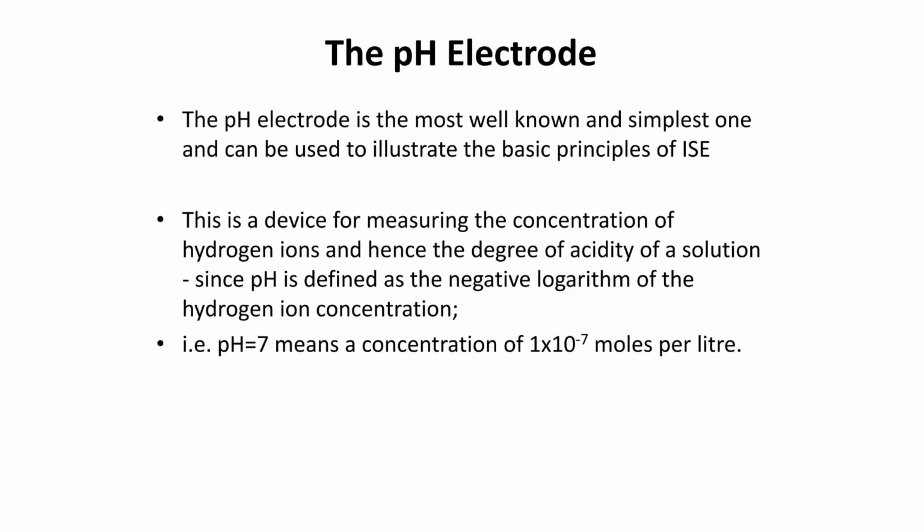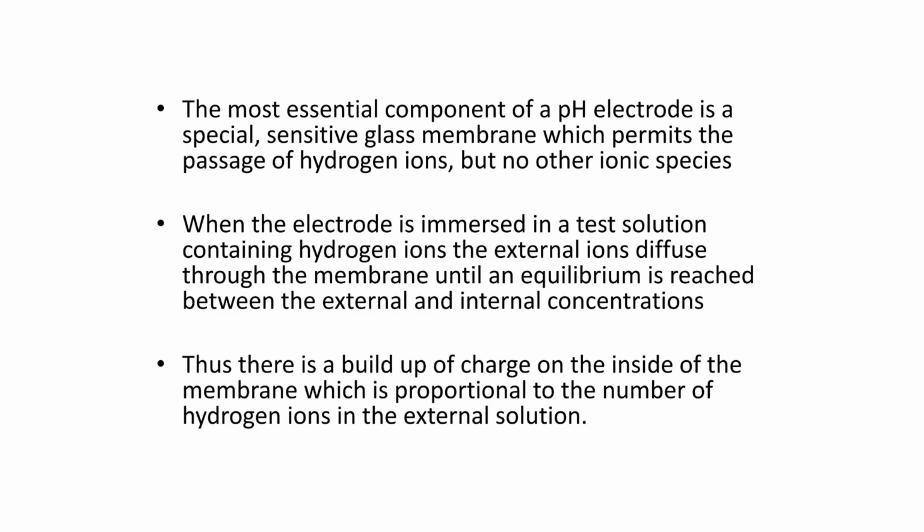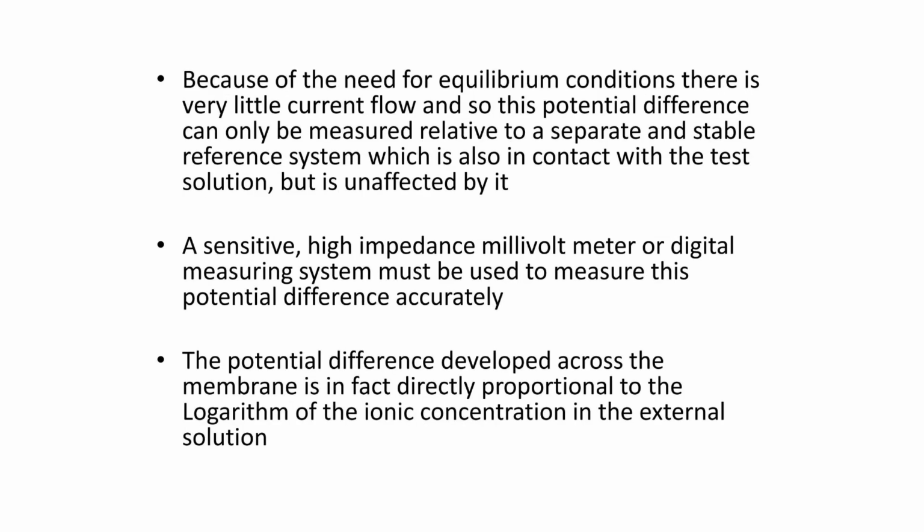It is a device designed for measuring the precise concentration of hydrogen ions in the target solution, and this indicates the degree of acidity, because pH is mathematically defined as the negative logarithm of the hydrogen ion concentration. A pH value of 7 translates to the exact concentration of 1 times 10 to the power minus 7 moles.